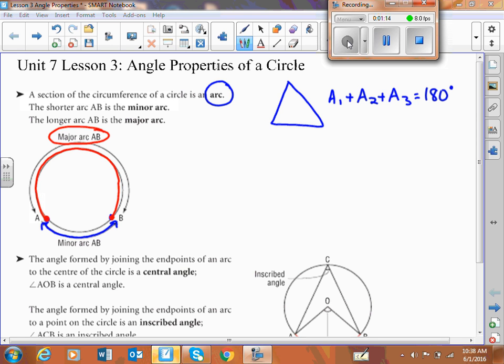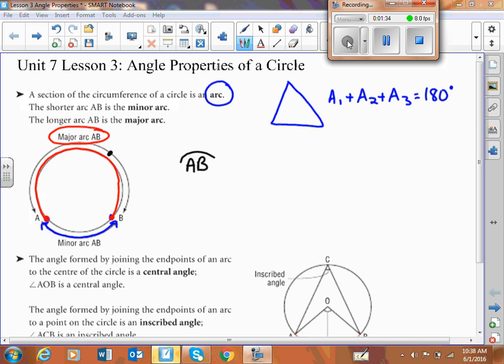The notation for arc is an arc symbol over top of the letters like this, arc AB. You can notice that that doesn't indicate whether that's the major arc or the minor arc, so that has to be listed somehow, major arc AB or minor arc AB, okay? One other thing about arcs, sometimes there'll be a third letter on here.